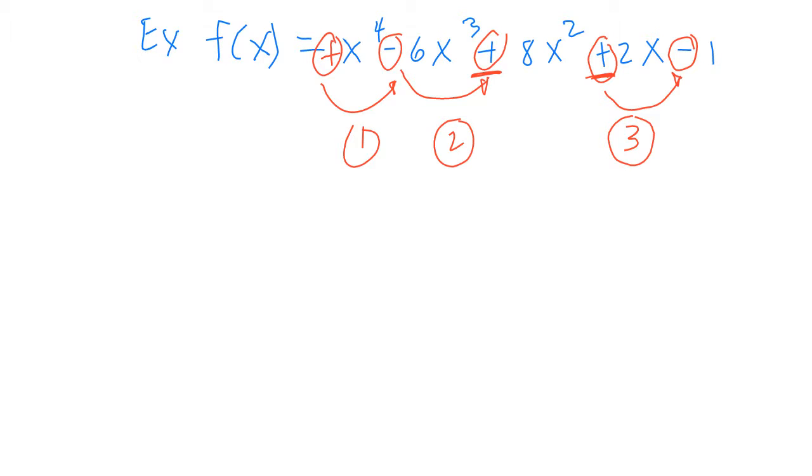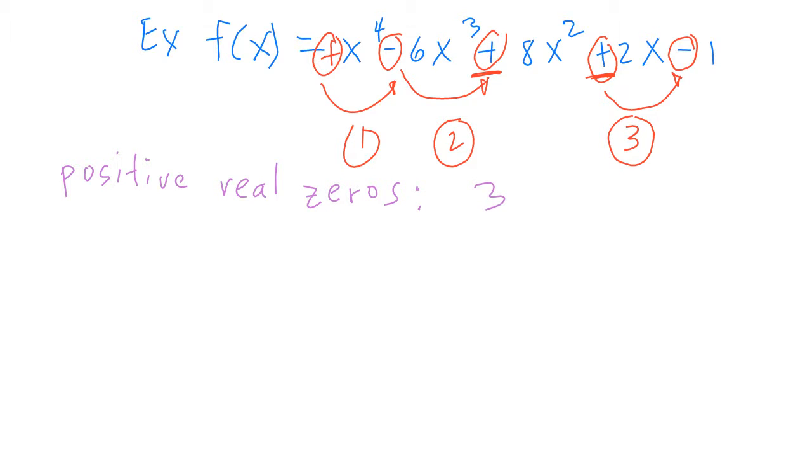So when you write your answers, you're going to have how many positive real zeros. Your answer would be, the possibility would be a 3.